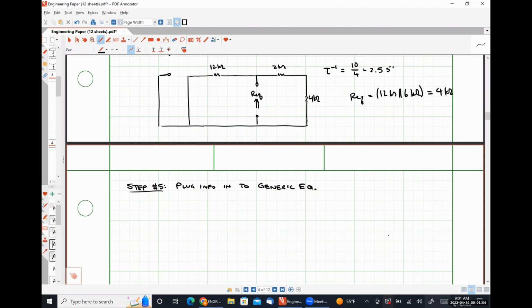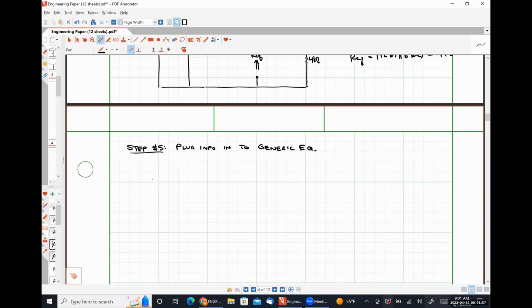To remind you of what that generic equation is, the natural response Yn of t is y at 0 minus for t less than 0 minus, and y at 0 plus e to the negative t over tau for t greater than or equal to 0 plus.